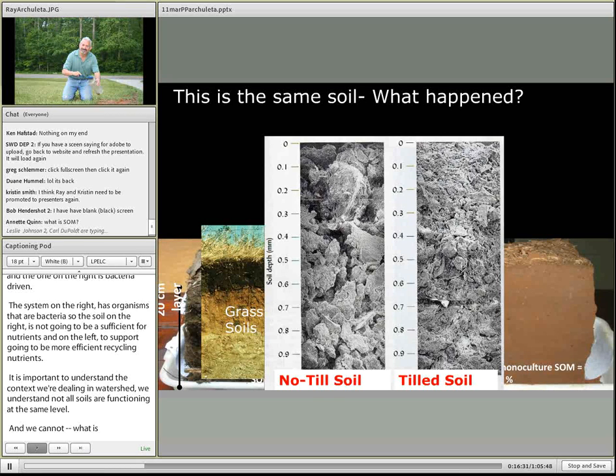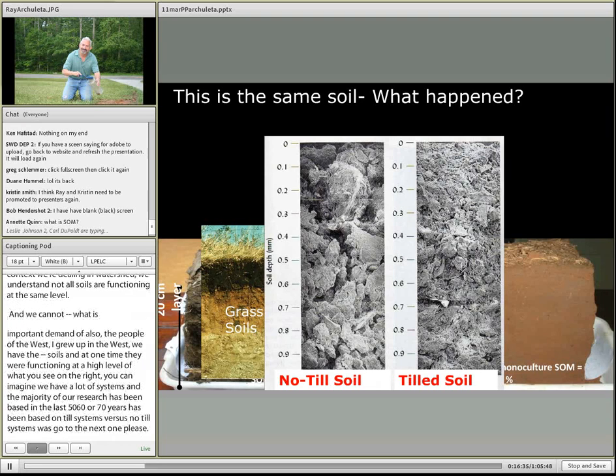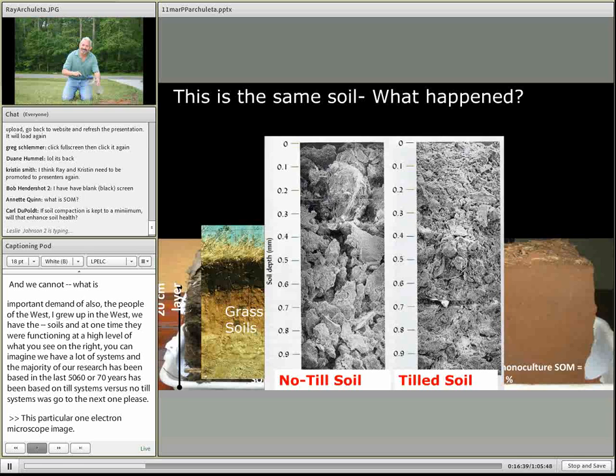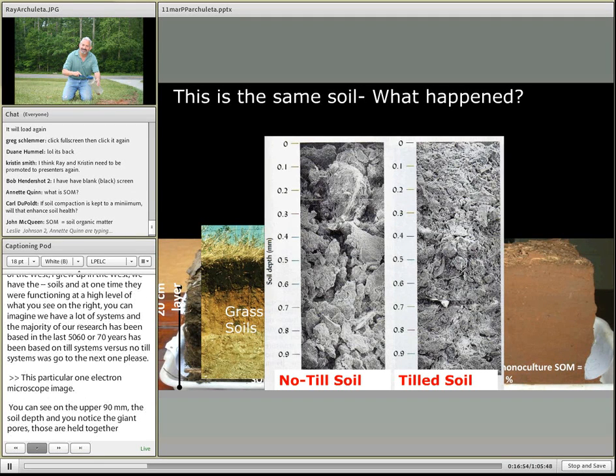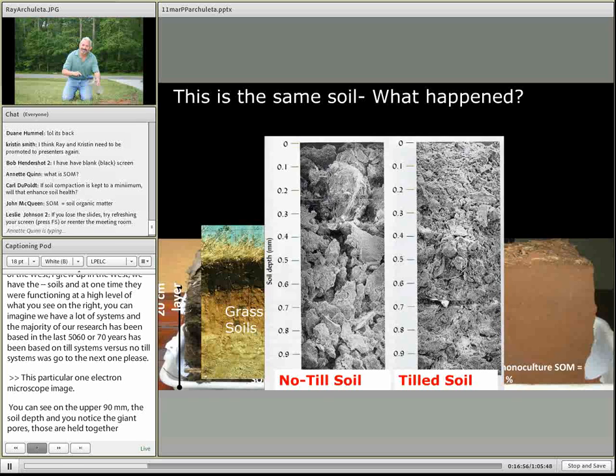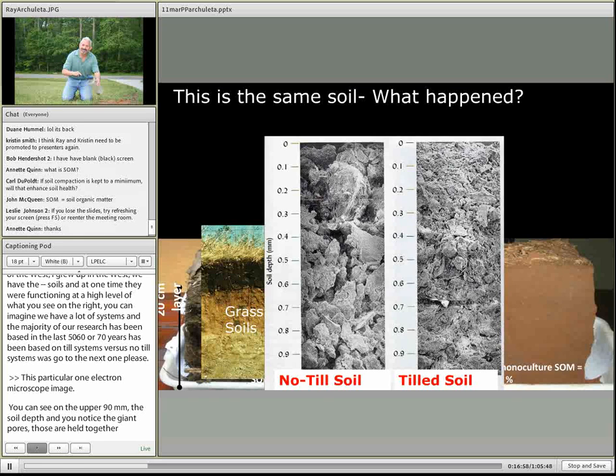This particular image is an electron microscope image. You can see the upper 9 millimeters of soil depth, and notice the giant pores. Those pores are held together by these glues like glomalin, created by fungus. Earthworms create these glues. Bacteria create these glues, also root exudates. All these biotic glues, these cementing agents, help keep our soils porous and keep the pores open.